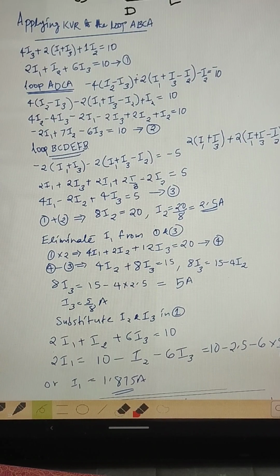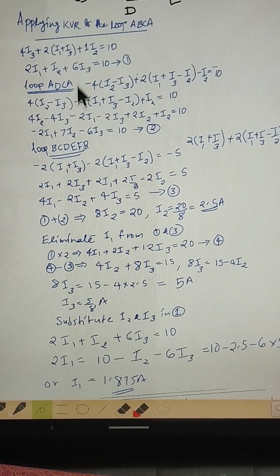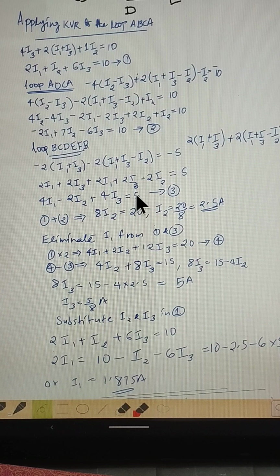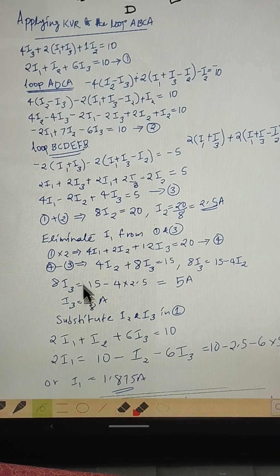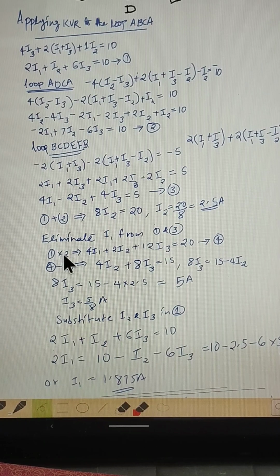Now comparing equation 1 and 3. First of all, we multiply equation 1 by 2. Equation 1 is multiplied throughout by 2. So 2 into 2I1, 4I1, plus 2 into I2, 2I2, plus 2 into 6I3, that is 12I3, is equal to 20. That is equation 4. Now compare 4 and 3.